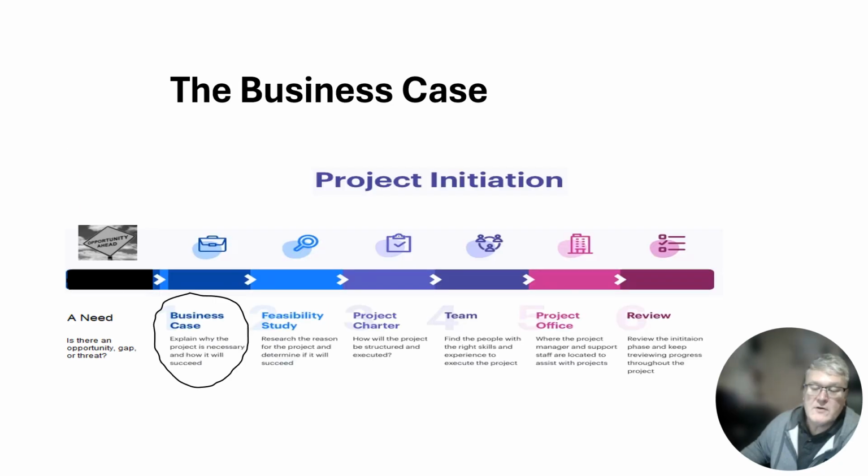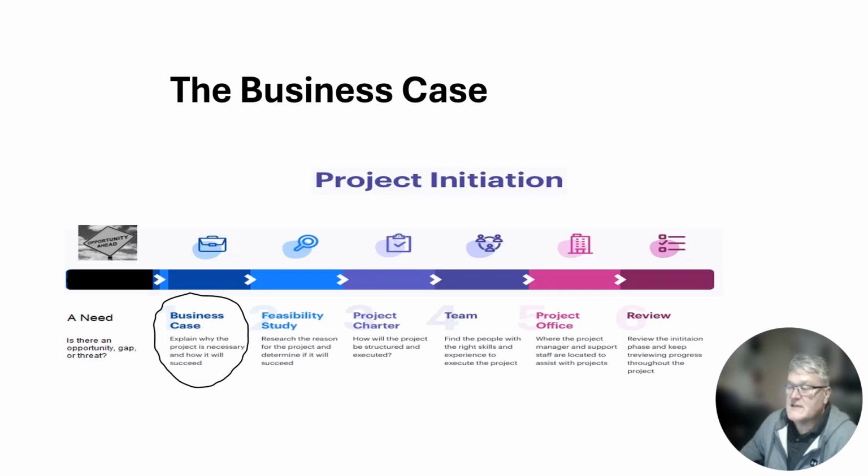As a reminder of what's been discussed in the other two lectures, first there's a need, then there is, in essence, the business case. Somebody formally puts down on paper, based upon a situation statement, what is happening that involves the threat, the opportunity, or the gap that we need to address to improve our organizational position.